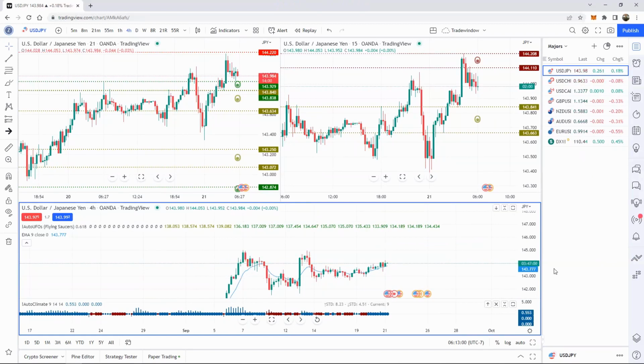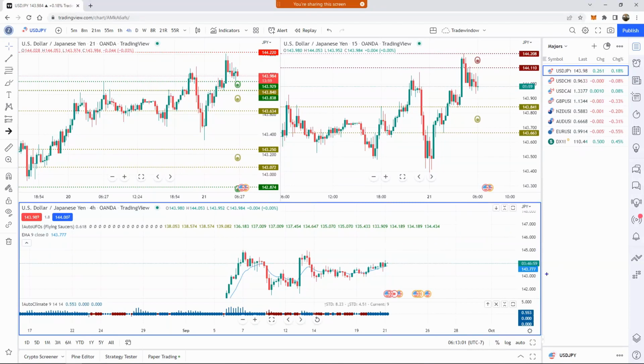Right now, we're going to be looking to go long, and we also utilize two indicators that I mentioned, the auto climate and the auto UFOs. Those are our own indicators, not readily available to anybody. You would have to sign up with our platform to get access to them.